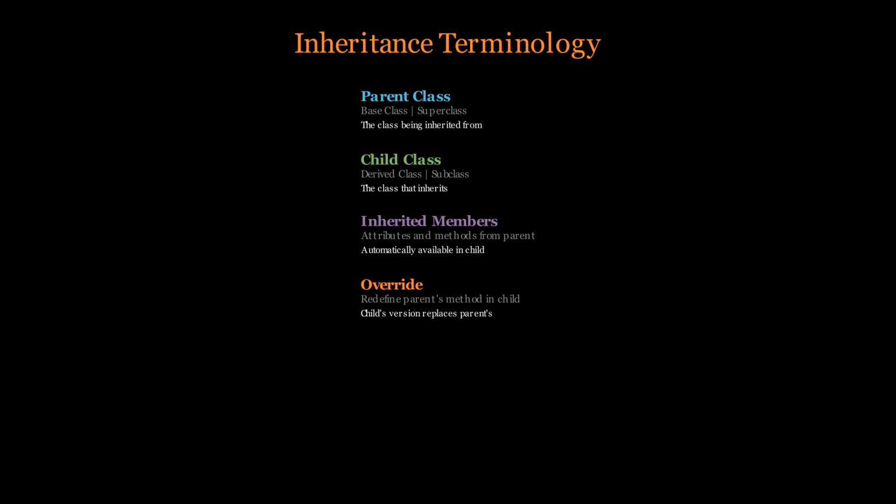Inherited members are attributes and methods that the child automatically receives from the parent. Override means redefining a parent's method in the child class, where the child's version takes precedence. These terms are universal in object-oriented programming.